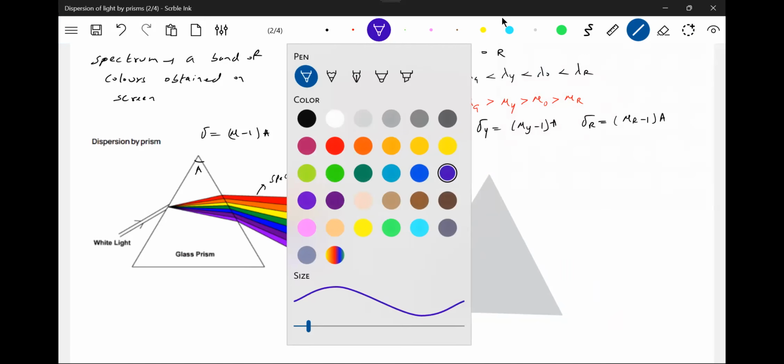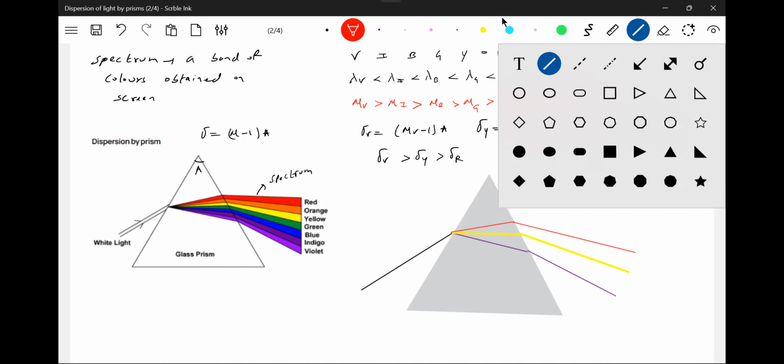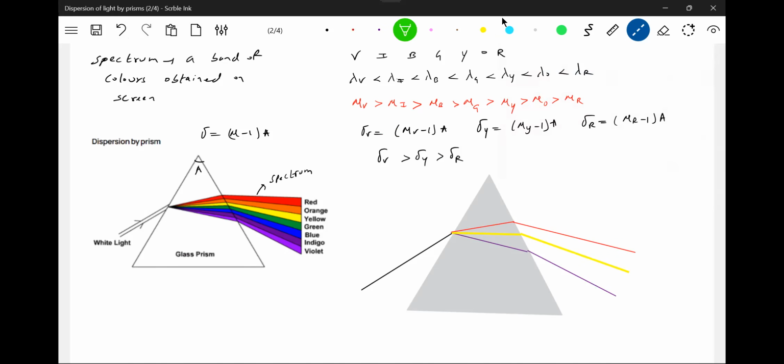I do have colors: violet, this will be yellow, this will be red, and this will be the undeviated ray.